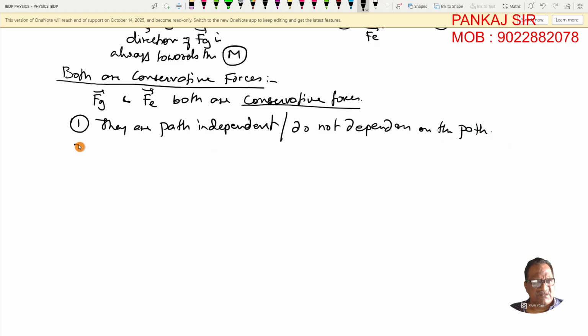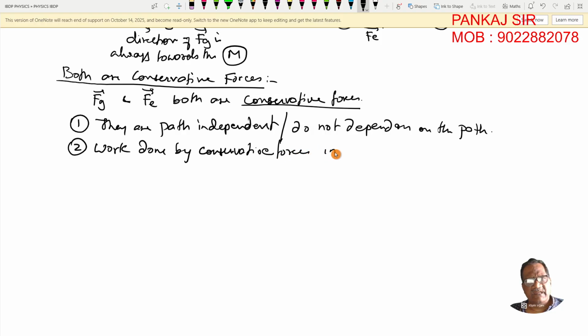Second point about these conservative forces is work done. Any force will always do some work. So the work done by conservative forces in a closed path is always equal to 0.